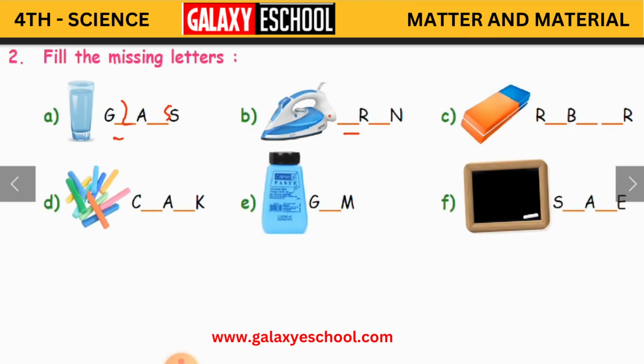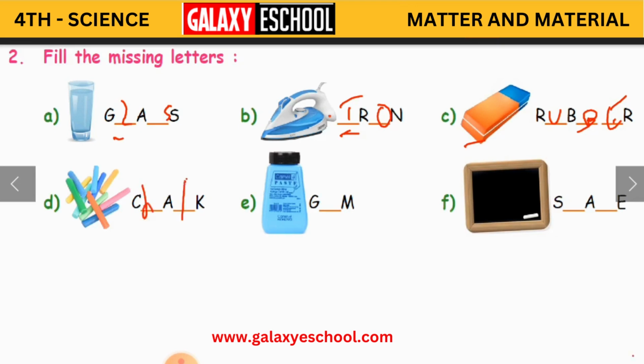Okay, what is this? This is an iron box. Iron, I-R-O-N. Okay, and this is rubber, R-U-B-B-E-R, rubber. And what is this? So this is chalk, different colors of chalk.